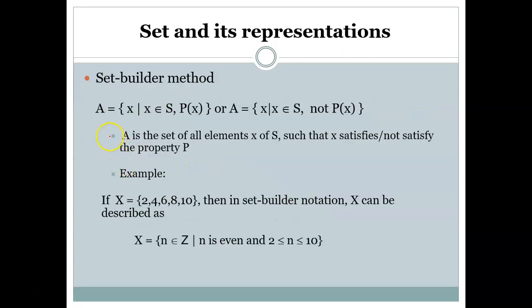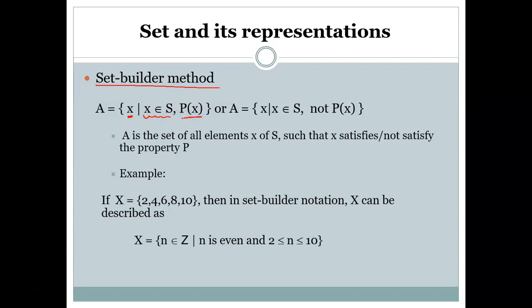Now the set builder method. Set builder form means you are not listing the elements, but mathematically you are writing in this way. The set A consists of those x, where x is taken from the set S such that some property P(x) is satisfied.